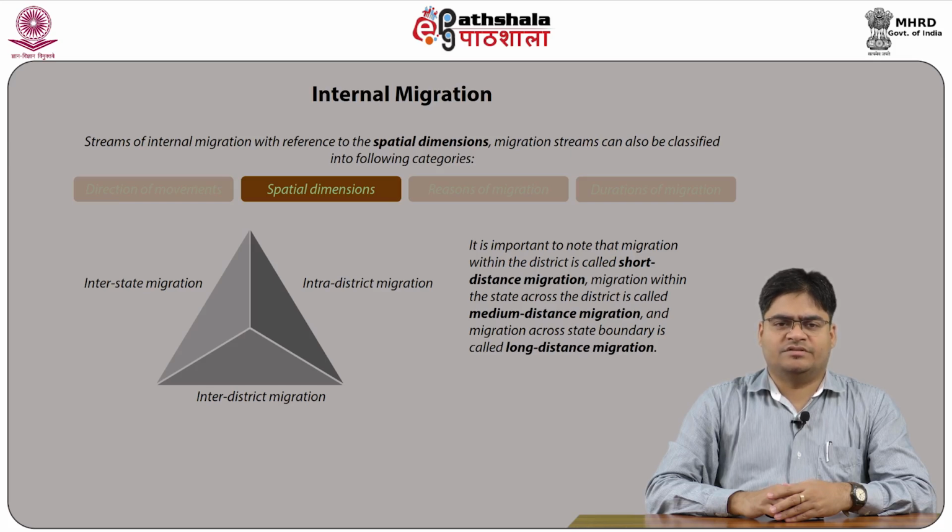First one is intra-district migration, that means migration within the district. Second, inter-district migration, that means migration from one district to another within the state. Third, interstate migration, that means migration from one state to another.